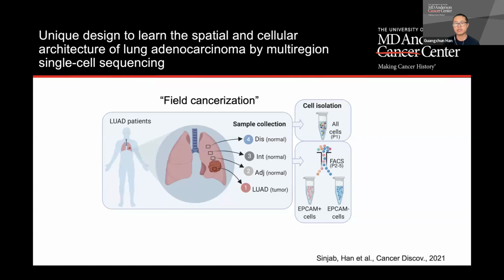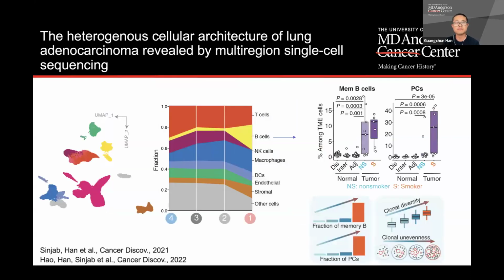We are able to show a brief atlas of the single cell level landscapes within early stage lung adenocarcinoma. On this slide, I show further details about the previous two studies from the same cohort. First, we are able to depict the tumor microenvironment changes, regarding the abundance changes of various immune cells and stroma cells.